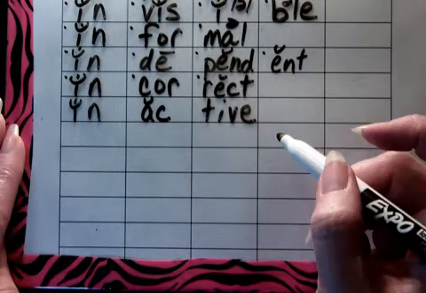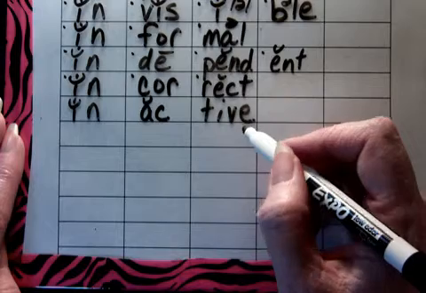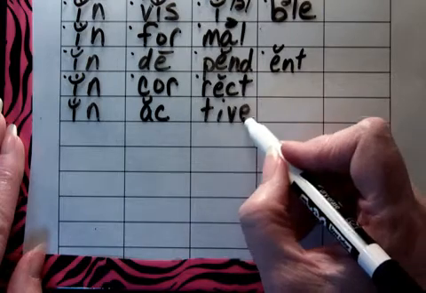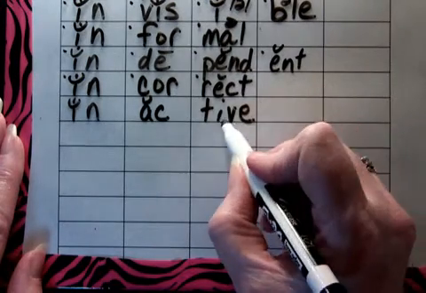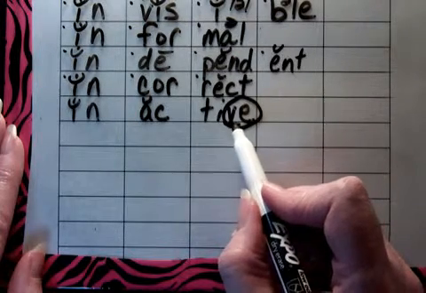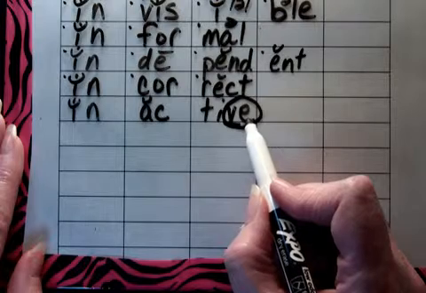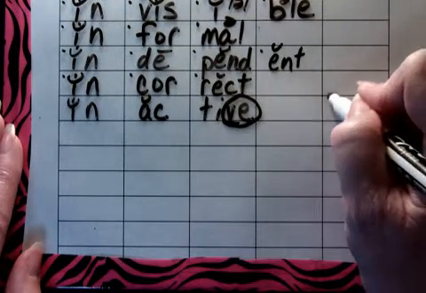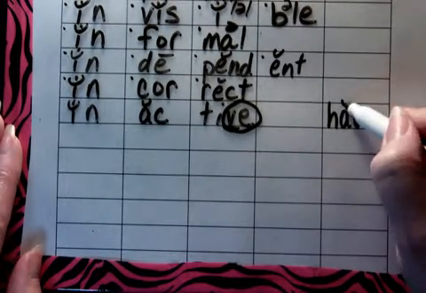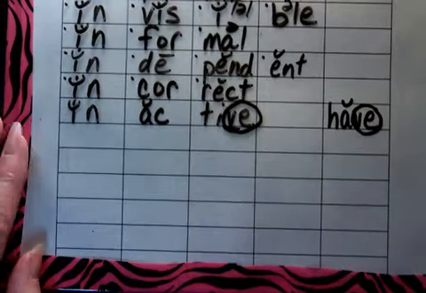Yes, except for words that have the V at the end when you say it. This E is not making the I say its long sound. It is only protecting the V. In the English language, there are no words that end in a V or a J. The E has to come after the V. That's why in the word have, that's a short A. The E is only protecting the V at the end of the word.